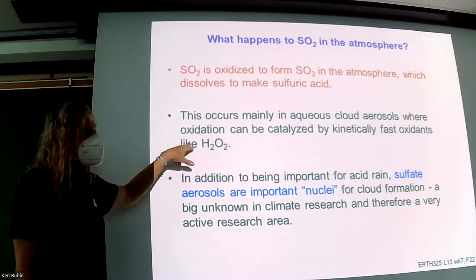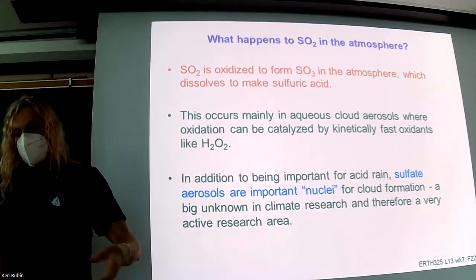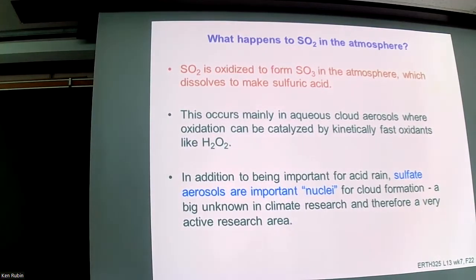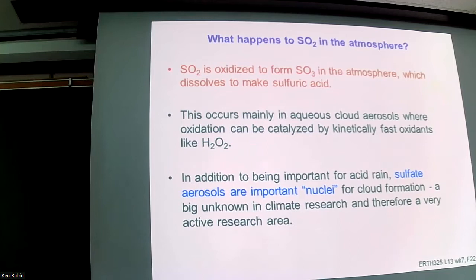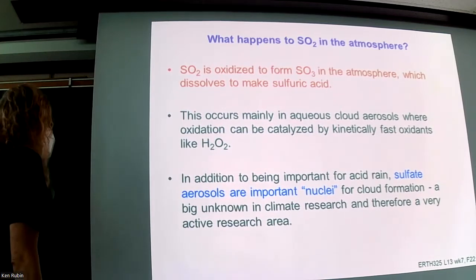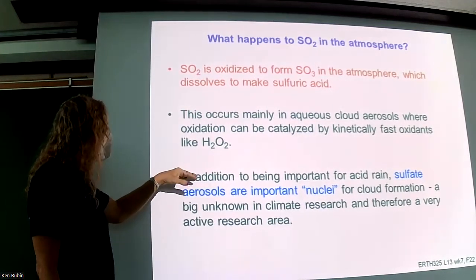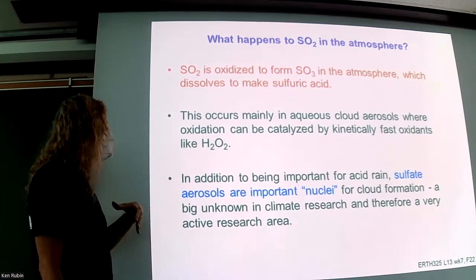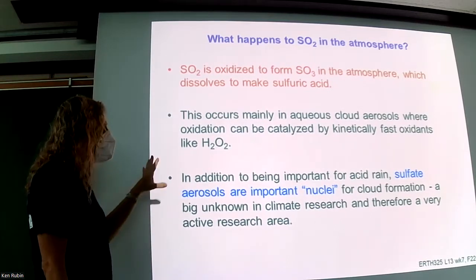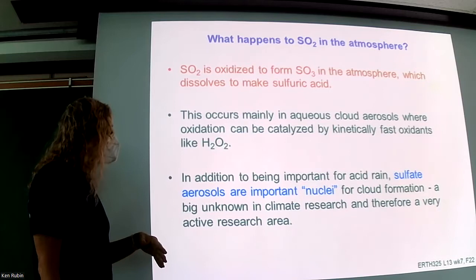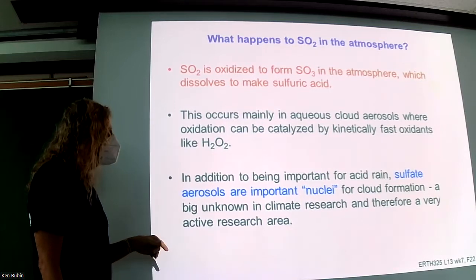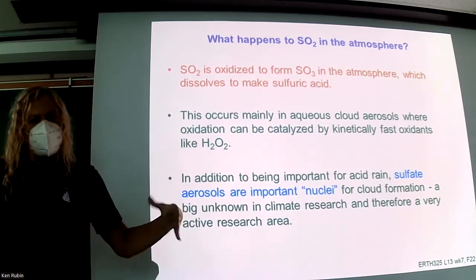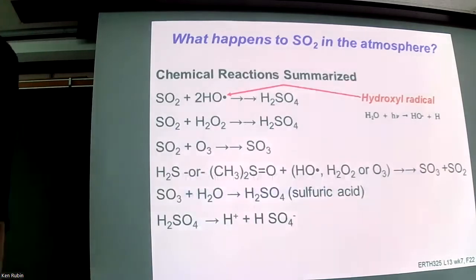Ozone, which is produced as part of what we call photochemical smog, the interactions of chemicals that come out of your automobile exhaust if you don't have a battery-based car and interact with light in the atmosphere, and then the hydroxyl radicals. So this is the primary mechanism of oxidation.